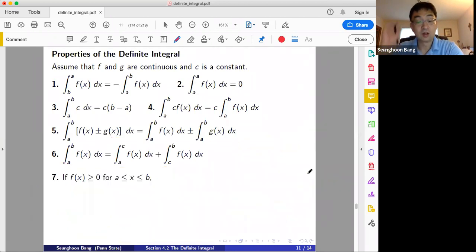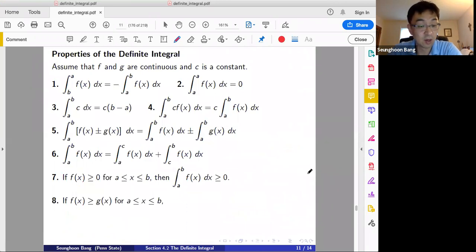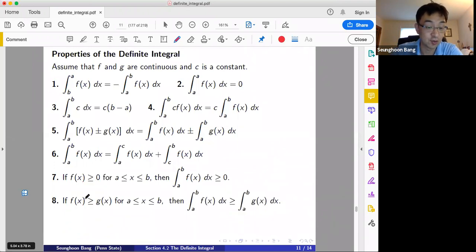The seventh one: f of x is greater than or equal to 0, x is between a and b. The integral from a to b of f of x dx is positive. So f of x is greater than g of x. Take the integral of both sides. The inequality doesn't change, right?